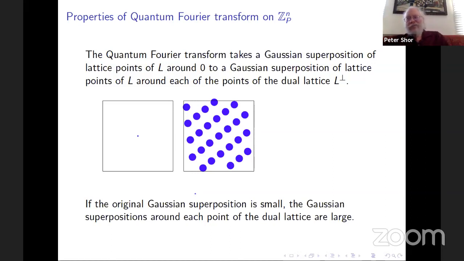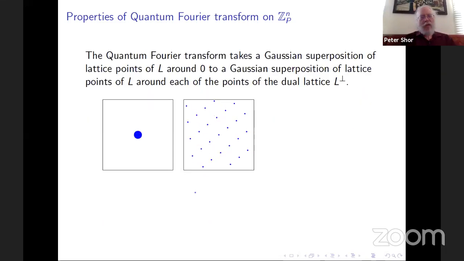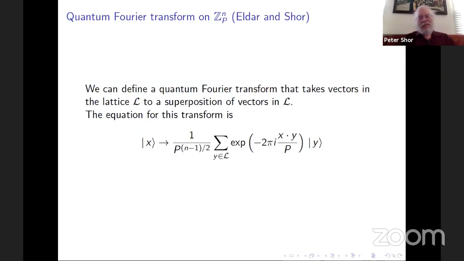Yeah, thanks. Okay. So sorry, Peter, this is Umesh. So the Fourier transform you're doing is mod p, right? So it's a discrete Fourier transform that you're doing. Yeah, the Fourier transform I'm doing is mod p, because e to the minus 2 pi i x dot y over p.